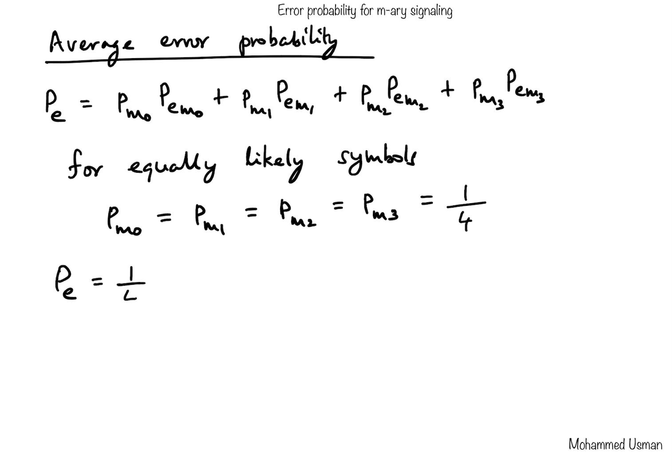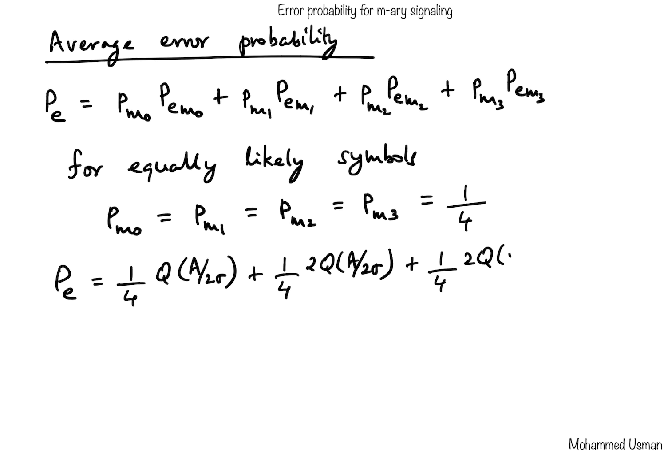The average error probability is 1 by 4 times the error probability when M0 is transmitted, which is Q of A by 2 sigma, plus 1 by 4 times 2 times Q of A by 2 sigma when M1 is transmitted. When M2 is transmitted, it is 1 by 4 into 2 times Q of A by 2 sigma, because we computed that the symbols in between have error probability 2Q.